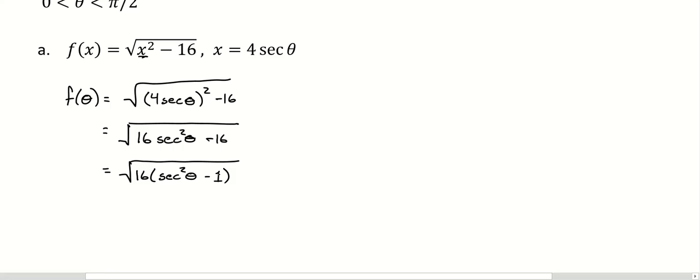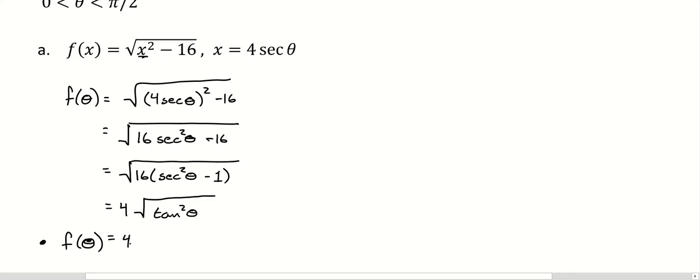And I'm going to take the square root of 16 right now since I have it. I know the square root of 16 is 4, and then I'm going to use a little Pythagorean identity. Secant squared minus 1 is just a fancy way to write tangent squared. And if we do this, we're at our final line here, and I wrote that, but I'm going to make this f of theta, and we'll just say that was a happy little accident.